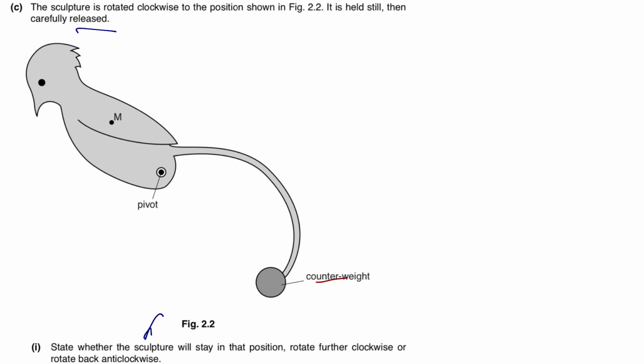Out of the 3 options, we have to find out what will happen if we have added the counterweight. As you know, the counterweight will bring it into the equilibrium position, so it will stay at that position only. It will be stationary. It will not move at all.